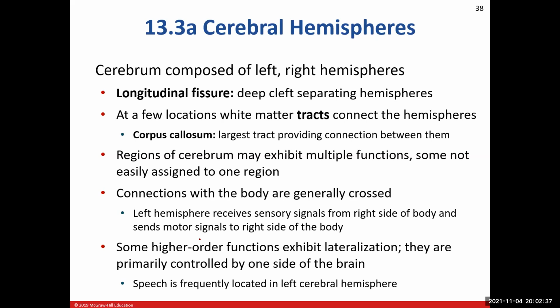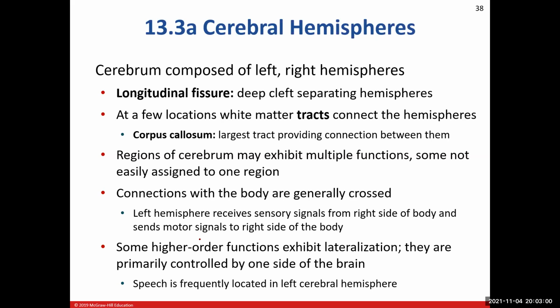And we've learned that in certain parts of the cerebrum, you'll see certain functions. For example, hearing is going to be in the temporal lobe. Vision will be in the occipital lobe. Reasoning, thinking, personality, decision making, all that will be in the frontal lobe.